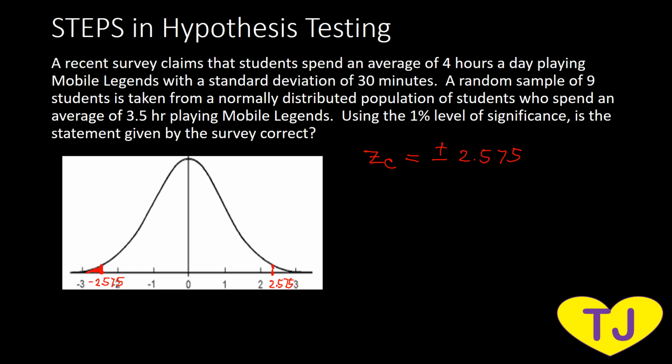Okay. Now, this tail part area that I'm shading, we call this our rejection region.